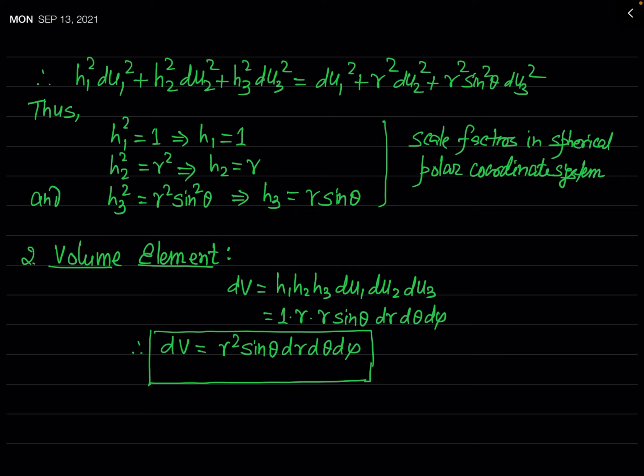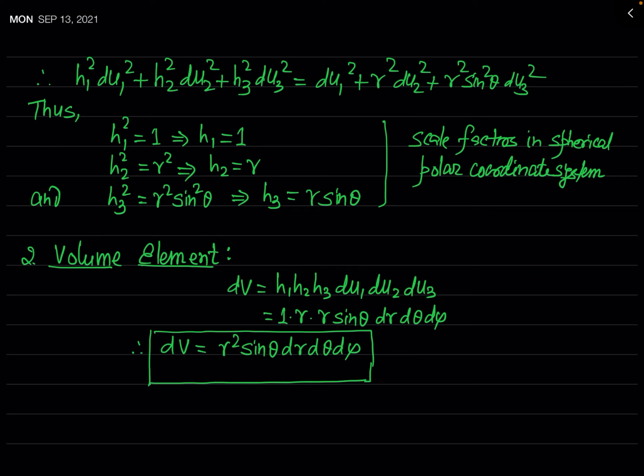Now, as you know, u1, u2 and u3 are independent variables. So du1, du2 and du3 will also be independent from one another.